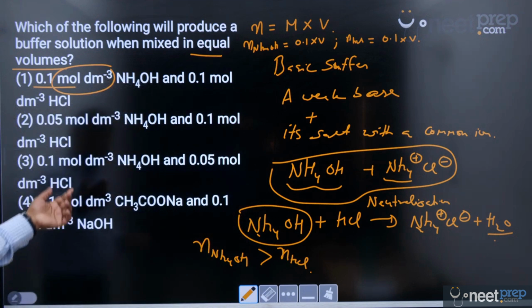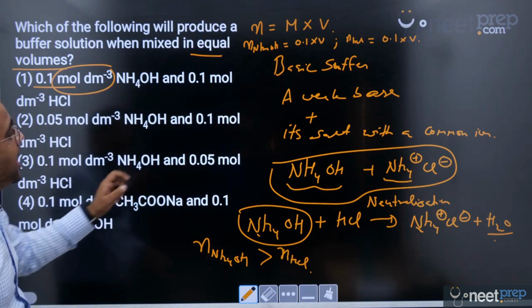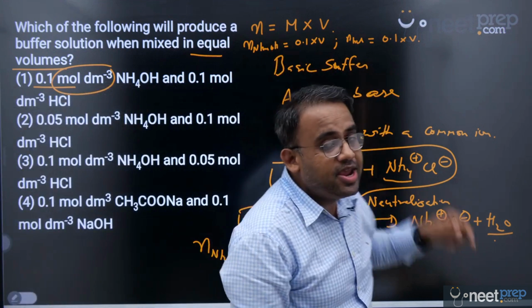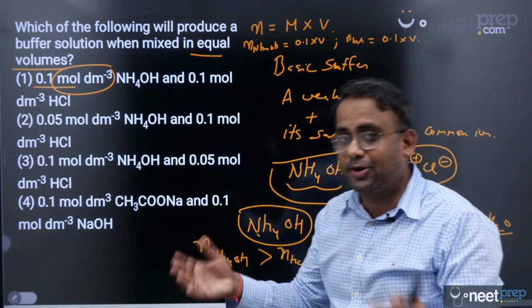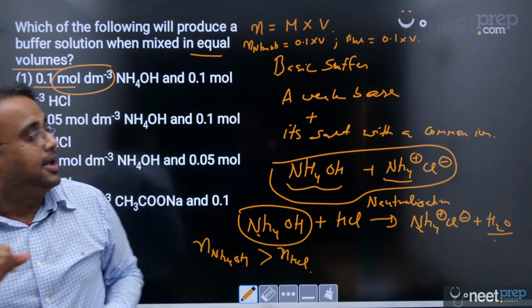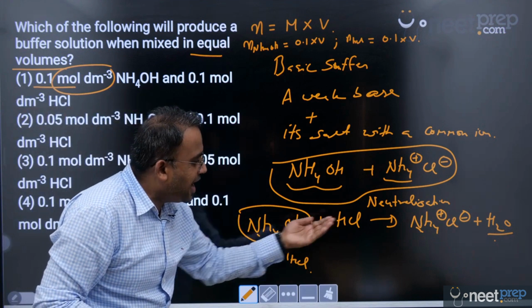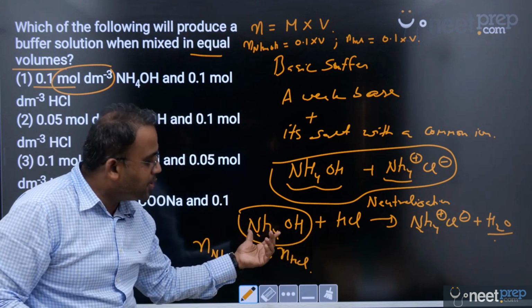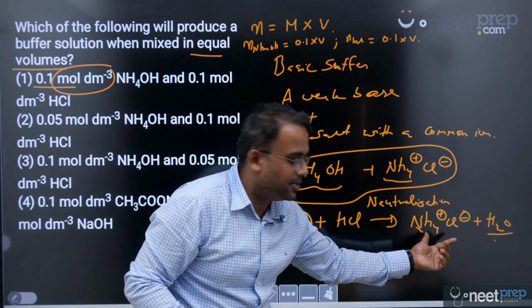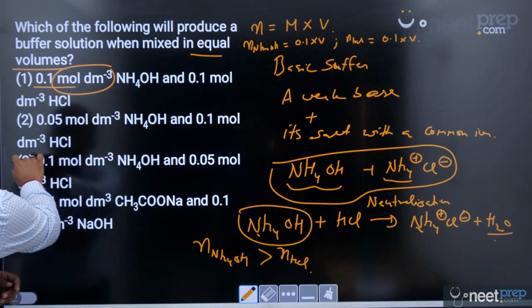In the third case, I have 0.1 V of ammonium hydroxide and 0.05 V of HCl. It makes a lot of sense, and perhaps this is the correct answer, because at the end of the reaction, as the number of moles of ammonium hydroxide is higher than HCl, some ammonium hydroxide will be left over along with its salt, a weak base and its salt with a common ion. So this is the correct option.